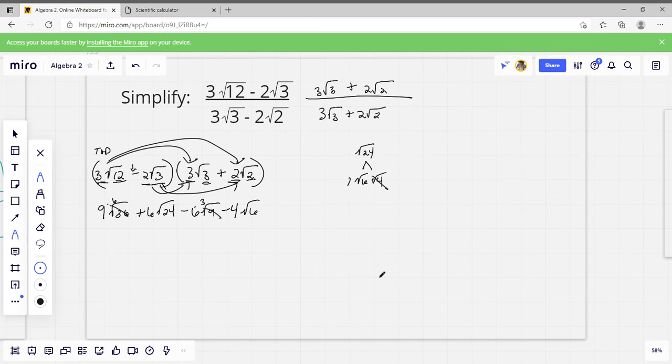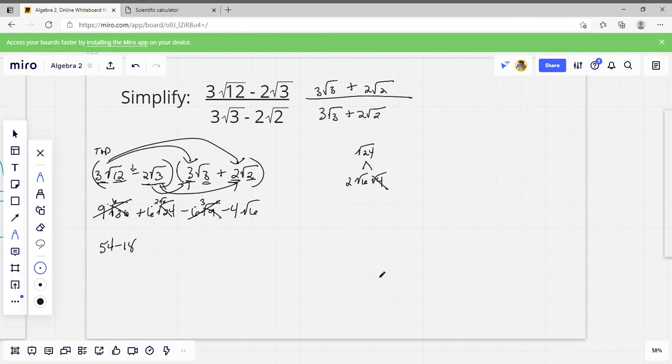So that would be 2 times the square root of 6. And 2 times 6 is 12. So 9 times 6 is 54. We've got that one. This one, 3 times 6 is 18. So there's our whole numbers.